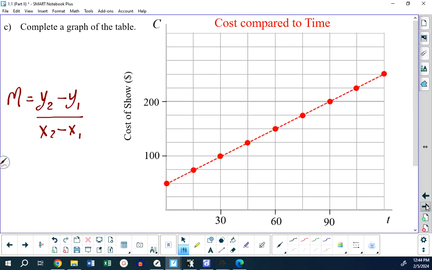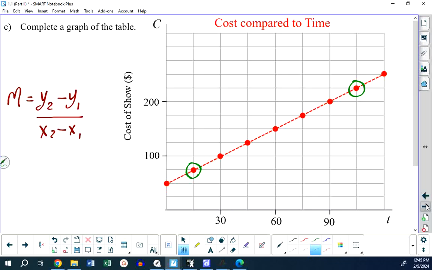So all you need to do is take 2 points. And I think I just saw somebody circling 2 points. Daniel, is that what you were doing? Let's use the ones that Daniel's using. Does it matter which points we choose? Shouldn't, because it's a straight line. The slope should be the same no matter what, but we're going to use those 2. And I'm pretty sure you like the y minus y over x minus x dealie.